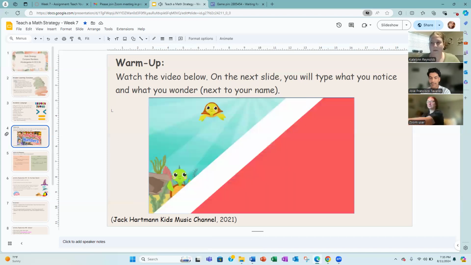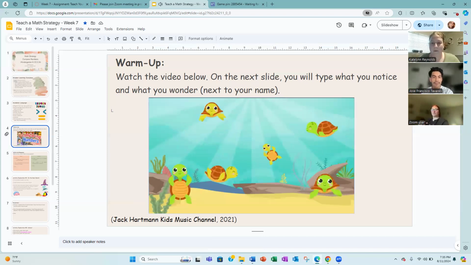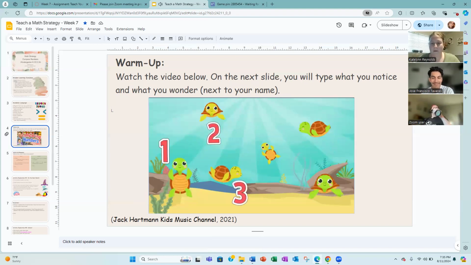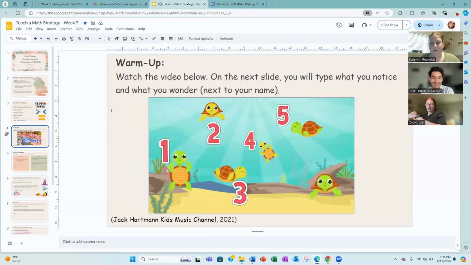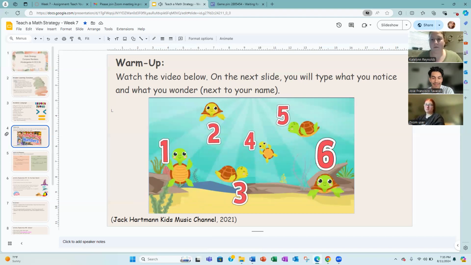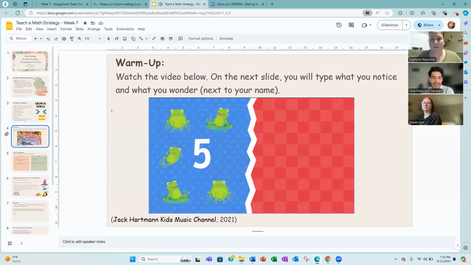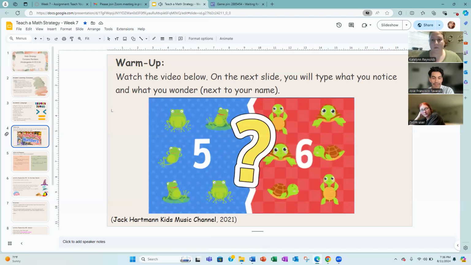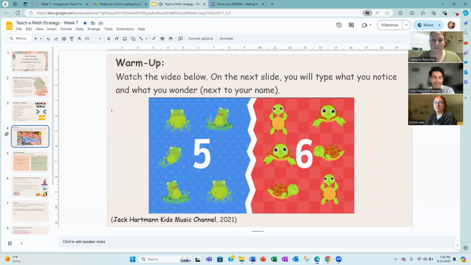Let's count the turtles right now. 1, 2, 3, 4, 5, 6. Here are 5 frogs. Here are 6 turtles. Which group has more or less? You answer before me. There are more turtles. There are less frogs.